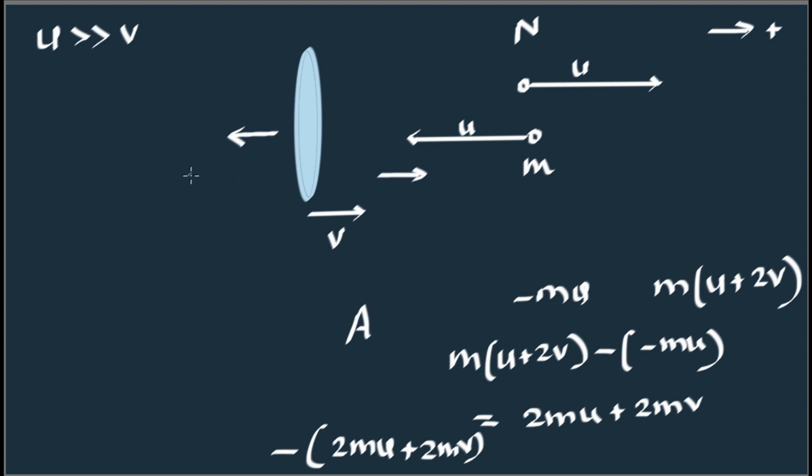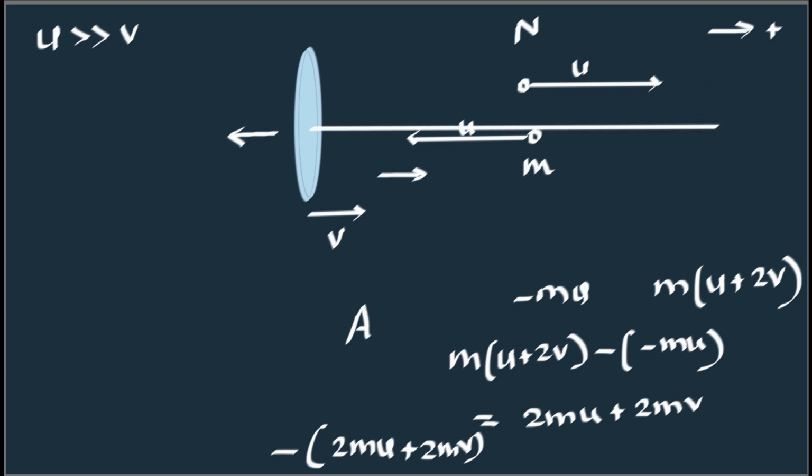Now, let's find out how many molecules collide with it per second. These molecules which are moving away, we can ignore them. We only need to worry about these molecules which are moving towards the disk, and their density is n molecules per unit volume. To find out the number of collisions that happen during 1 second, consider a point a distance u plus v from the disk.